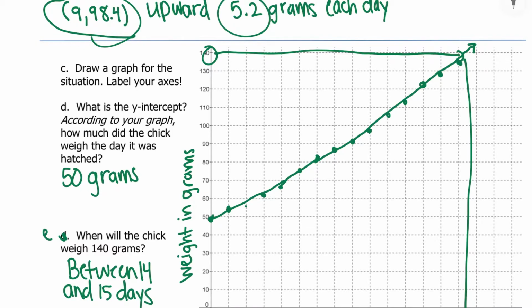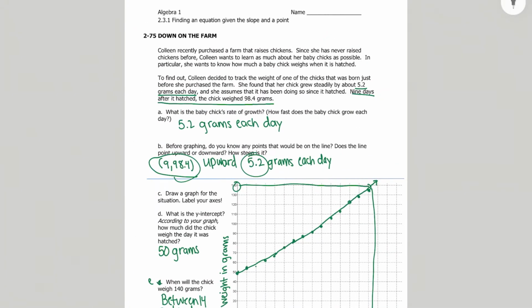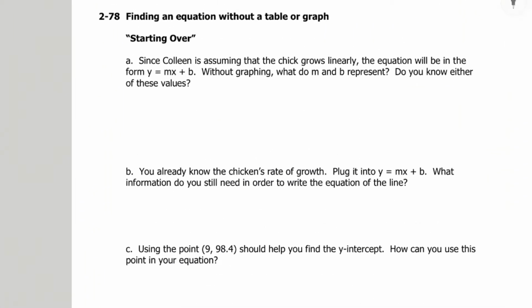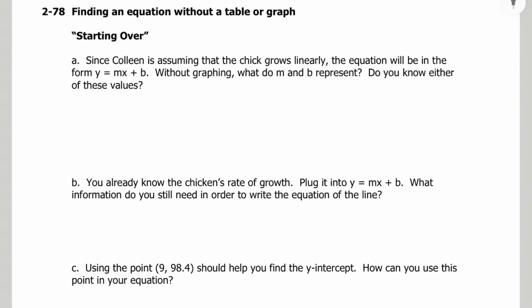And I can tell you right now, that's not exactly right. My graph is not great. But that's okay. We are going to look more into this stuff on the next page and get really accurate numbers.